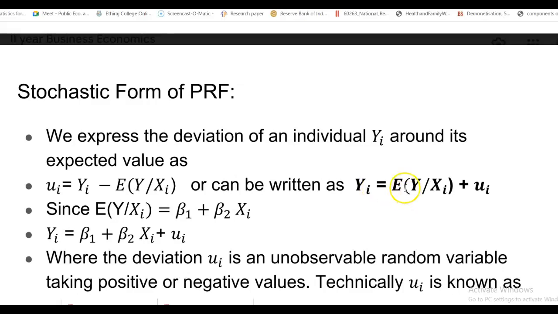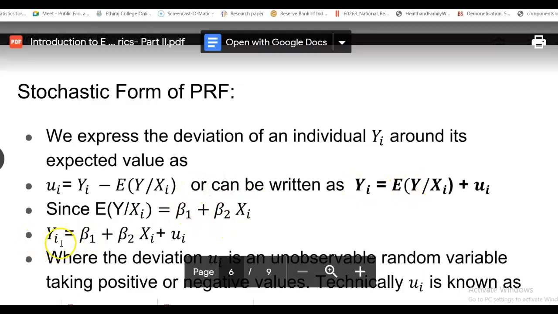This expected value of Y given Xi is nothing but beta 1 plus beta 2 X. That's how we get the expected value. Since this is equal to this, we substitute it in this equation, so we get Yi is equal to beta 1 plus beta 2 Xi plus Ui.